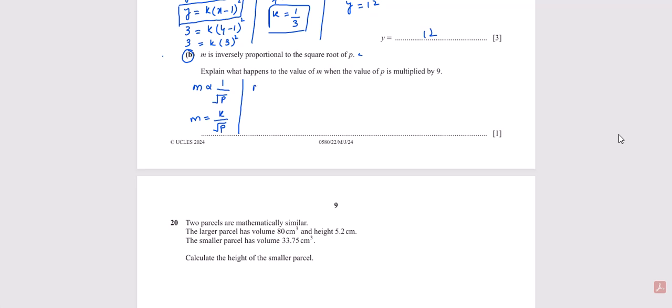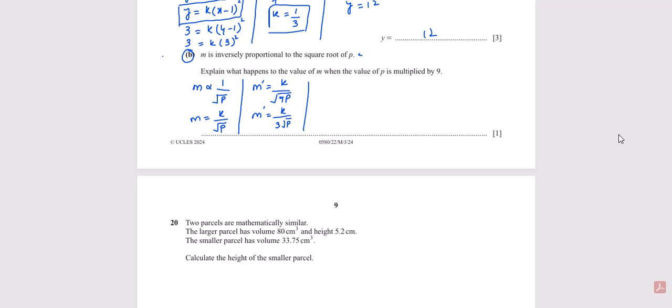We take M dash is equal to K over square root 9P. So M dash is equal to K over square root 9, that is equal to 3, and square root P is constant.